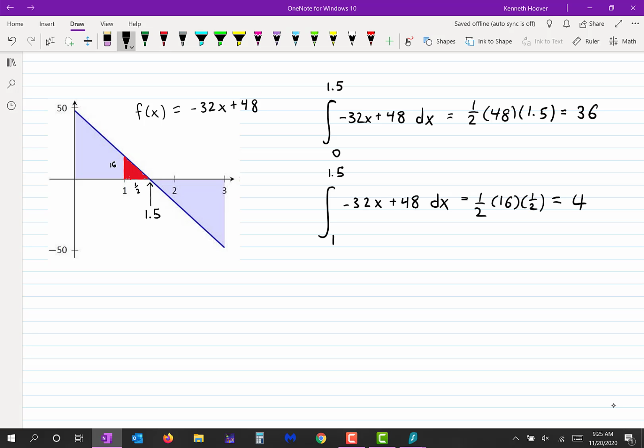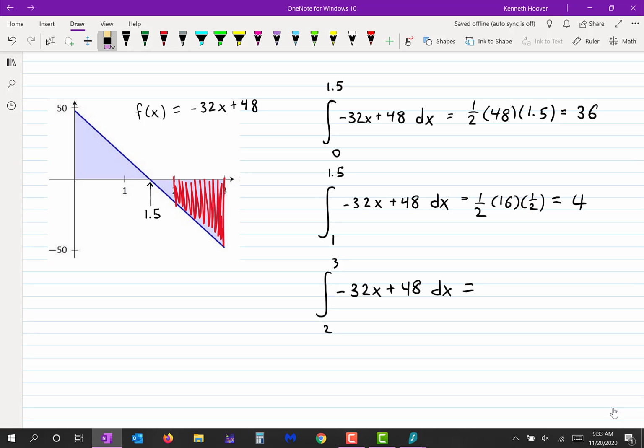Let's integrate now from, let's say, 2 to 3. Okay, so that would be this area. Okay, now what shape is that? That's a trapezoid. What's the area of a trapezoid?